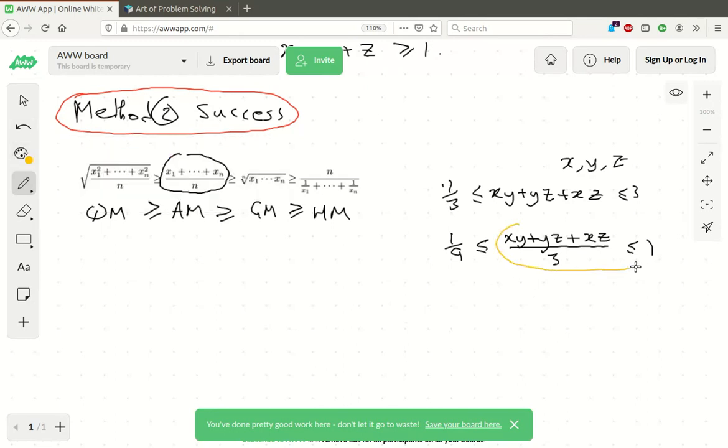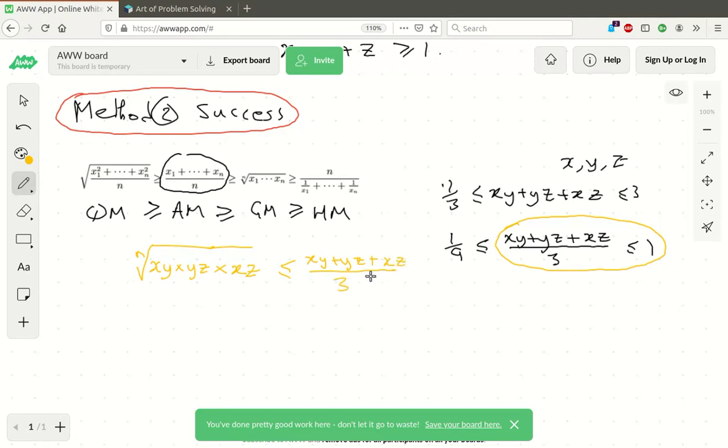this inequality, we know that xy plus yz plus xz over 3 is less than or equal to 1. And it might help if I write it the other way around. But we also know that the nth root of xy times yz times xz is less than or equal to xy plus yz plus xz divided by 3.